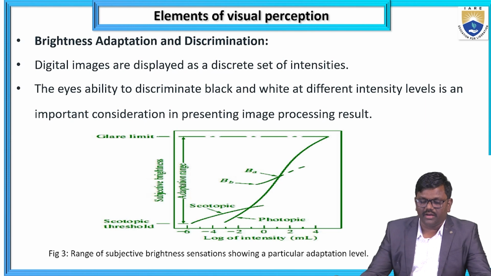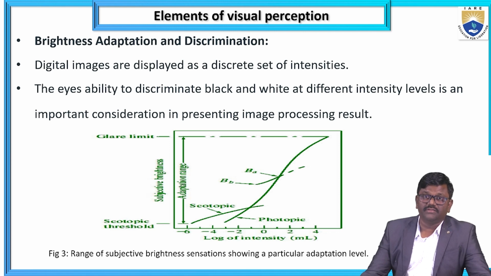You see here brightness adaptation and discrimination, as digital images are displayed as a discrete set of intensities. The eye's ability to discriminate black and white at different intensity levels is an important consideration in presenting image processing results only.